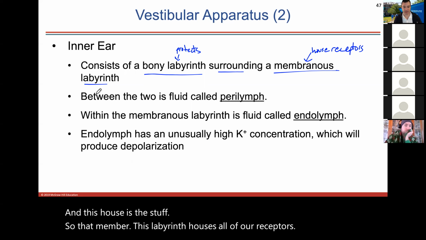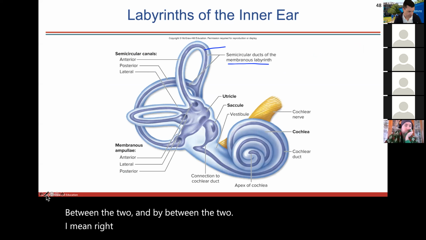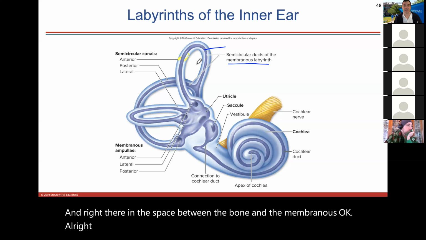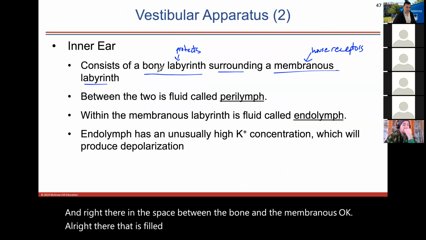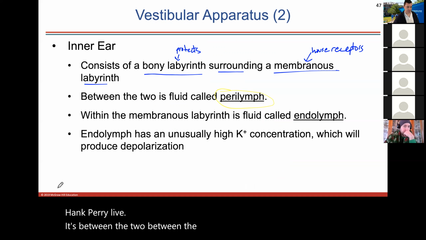Between the two, and by between the two, I mean right here. Let's get a different color. Yellow work? Let's see. Right there. And right there. In the space between the bone and the membranous, all right there, that is filled with perilymph. Okay, perilymph. It's between the bony and the membranous.